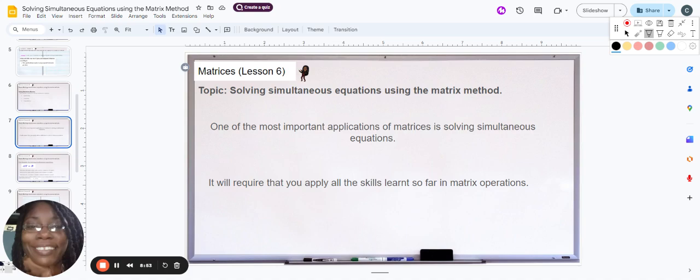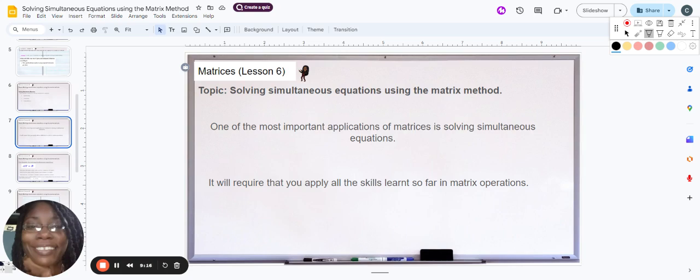I want you to note that this particular topic is one of the most important applications of matrices. So far, we have learned how to add them, multiply them by a scalar. We have learned how to solve using equal matrices. We have learned how to find the determinant and the inverse.